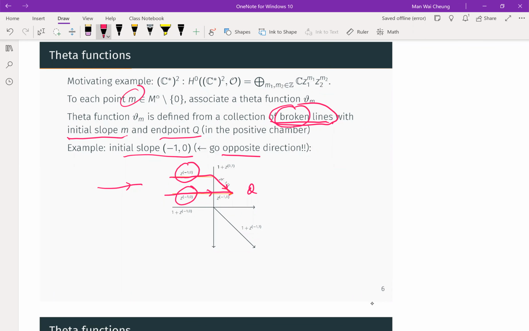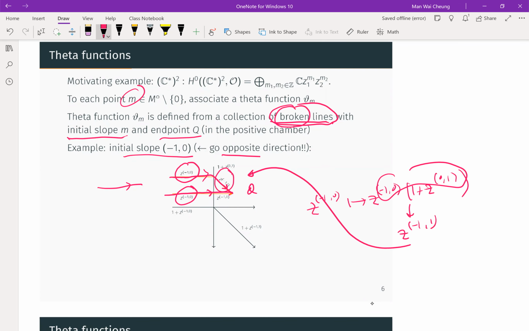This monomial agrees with the direction of the line, but when it bends, the bending follows what we have for wall crossing. Like in our calculation before, we have -1, 0, 1 plus set 0, 1, and so here I get a set -1, 1. And you can see this gives me the bending here.